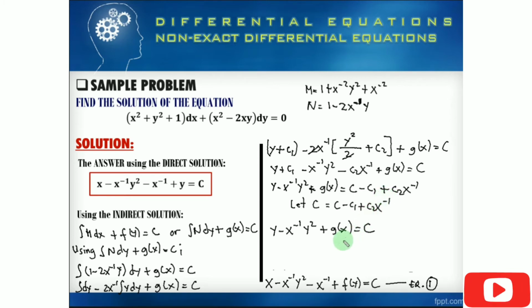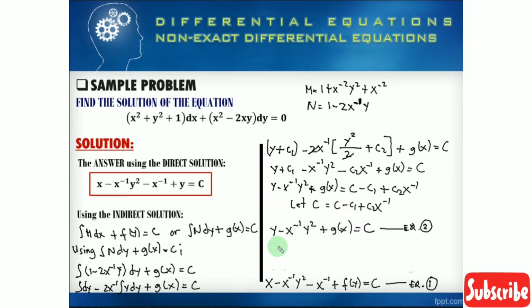Okay, so after this we may rewrite this one into this form, and this we consider as our equation number 2. So now we have these two equations. We have equation 1 and we have here equation 2.